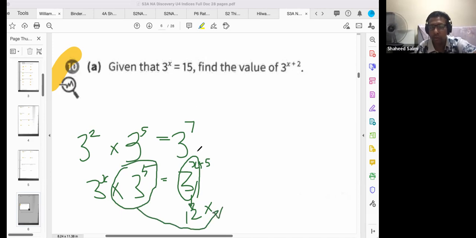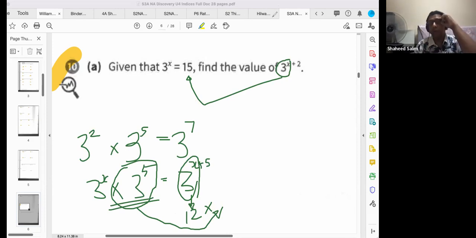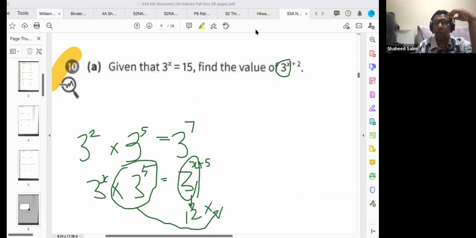So now you split it up. This part here is equal to 15, but you still need to multiply by 3 to the power of 2. You get what I'm saying? So you got 15 already. Down here is plus, don't get confused. You still got the times because you plus the power.